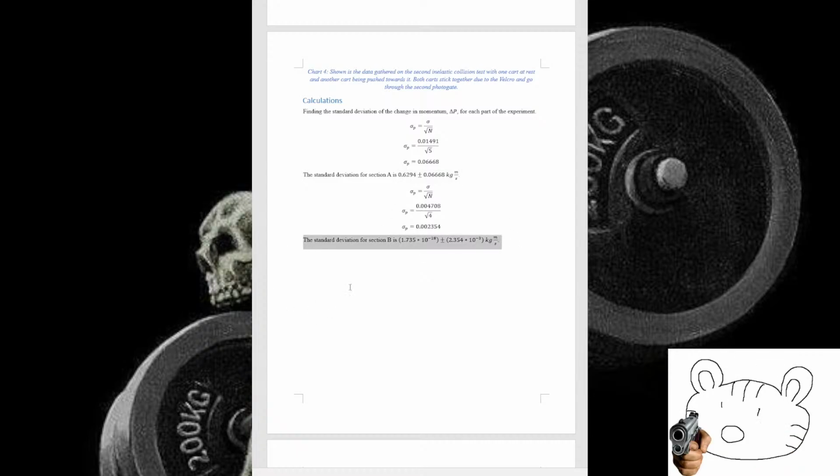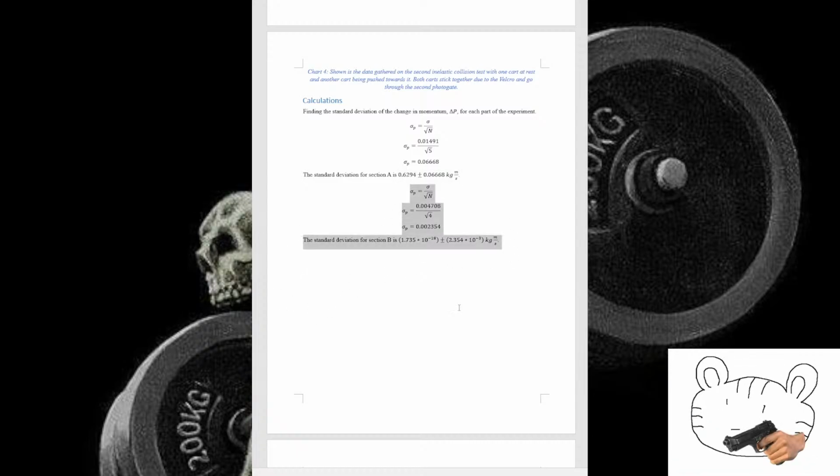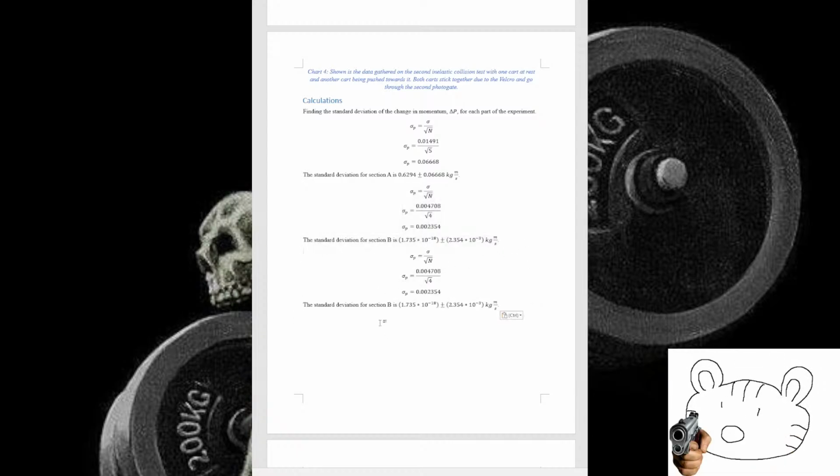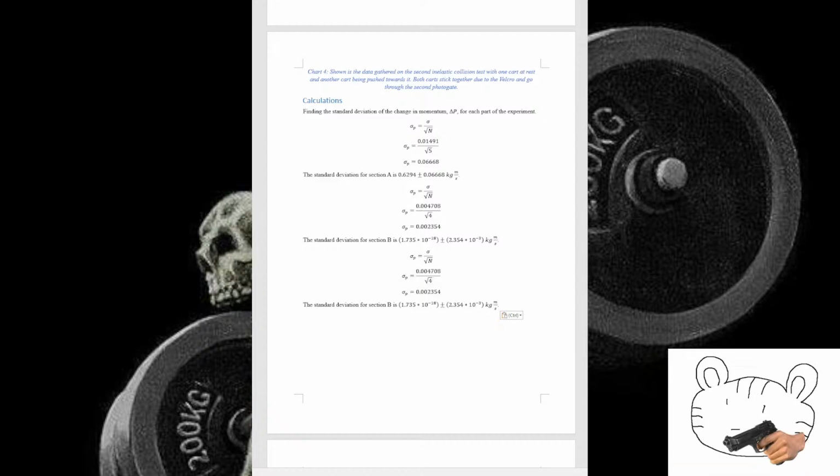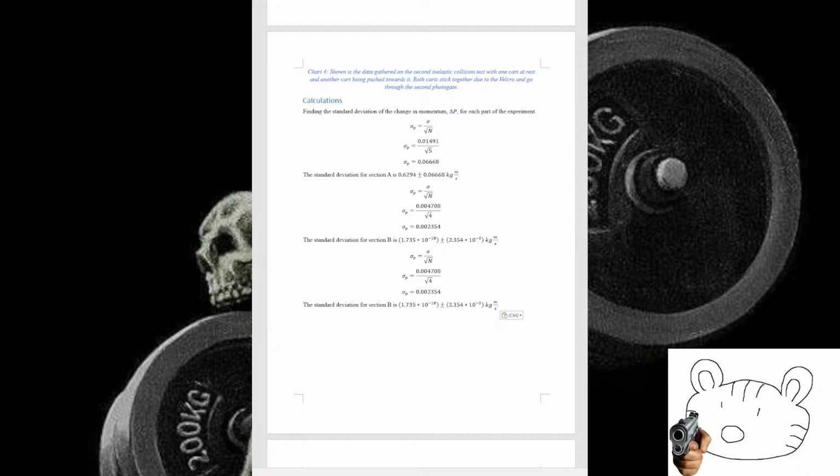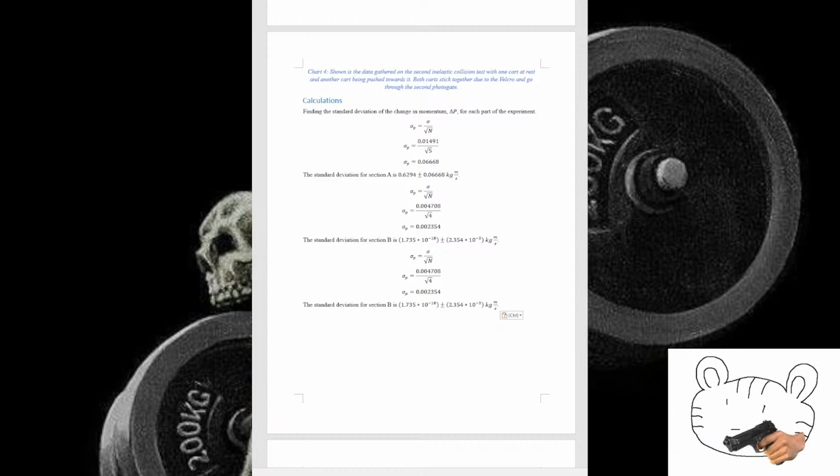And we're going to do the same thing. Control C, V. We whip out our third logger profile to find the standard deviation.